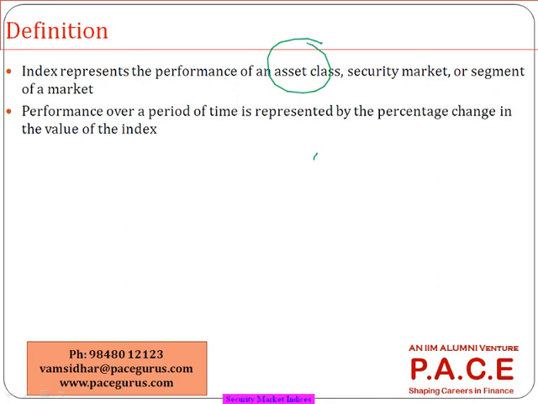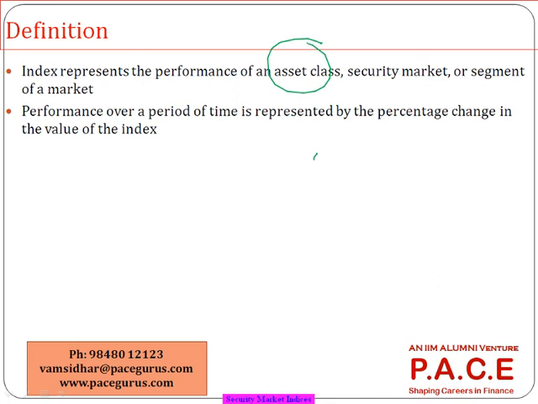So in general, whenever we talk about any index, it's a reflection of either the whole asset class. So we have some bond indexes, we have some commodity indexes, we have indexes across the various markets and sectors. But they are like the sum total of the various individual securities put together with some kind of a formula, so that it reflects that entire group of securities, or it reflects the entire market as a whole.